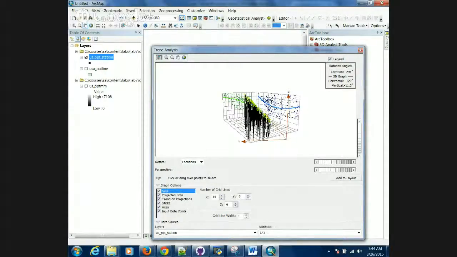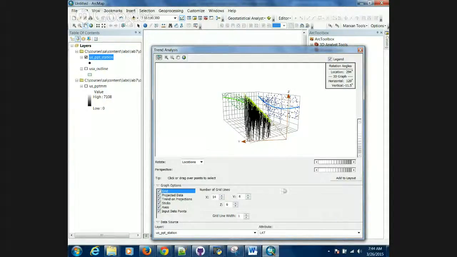It almost looks like an exact linear trend. As you travel north, remember the variable we're mapping is latitude. As you travel north, that variable, latitude, is increasing. Should we expect that? So it's not really interesting to look at, but it's basically proving that our GIS is doing what it should.